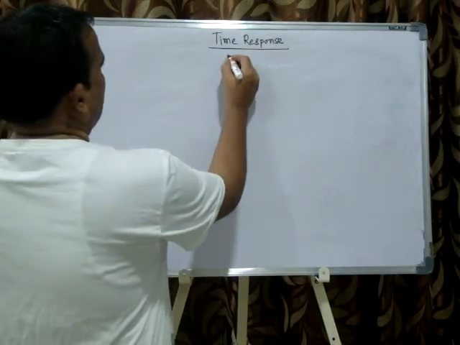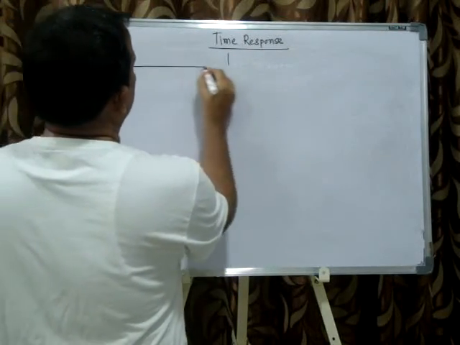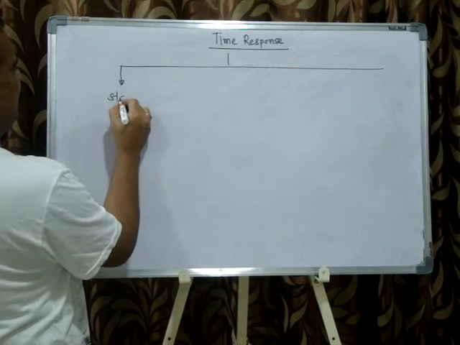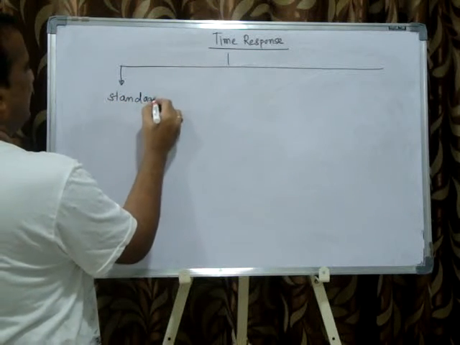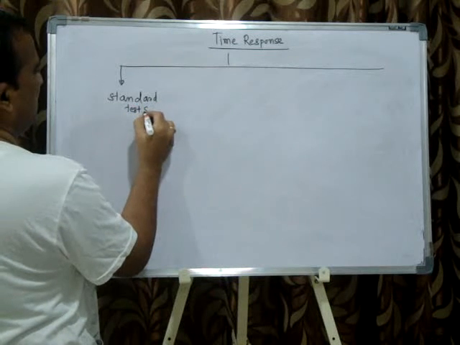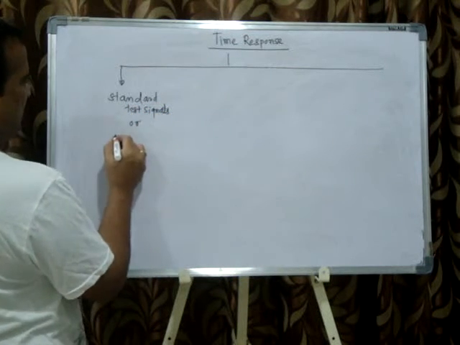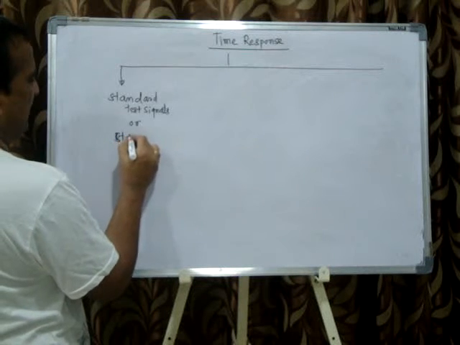The time response chapter I will divide into four parts. The first one is called standard test signals or inputs. Standard inputs.